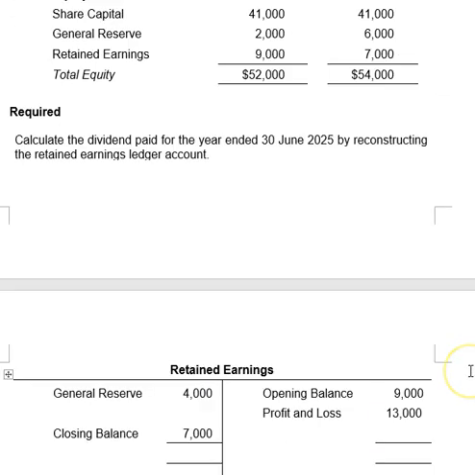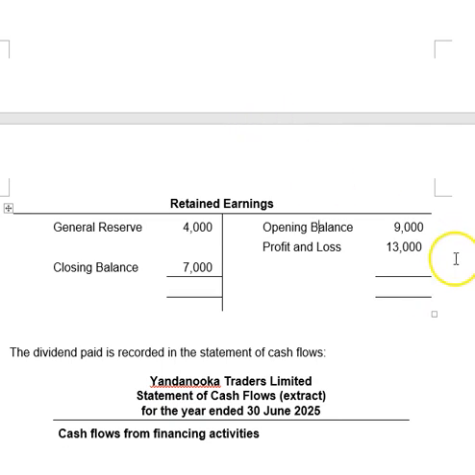Once you have done that, you need to find out the balance, and the balance will be the amount of dividend you have paid during the year. In order to balance this account, you add the debit side and credit side and see which one is more.